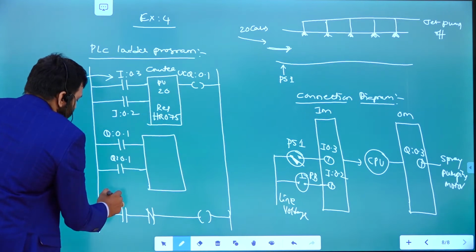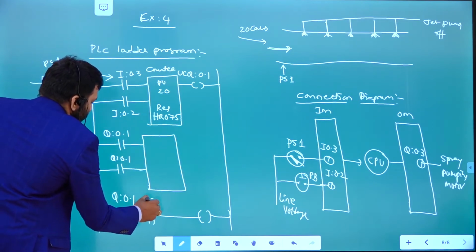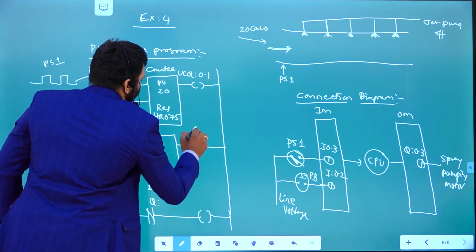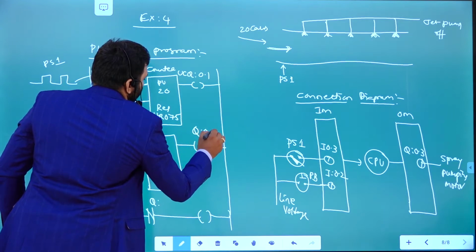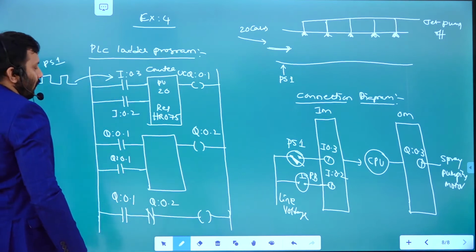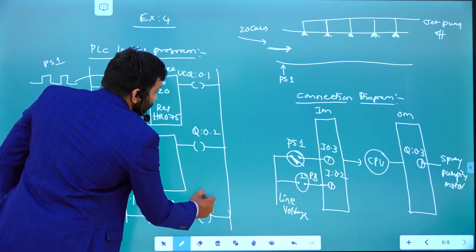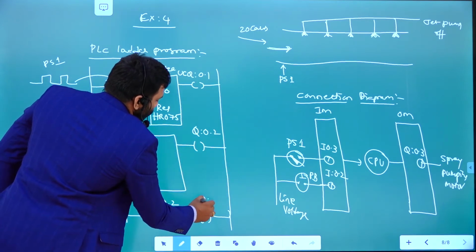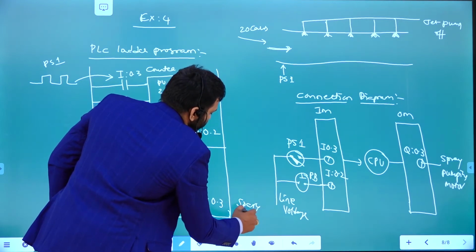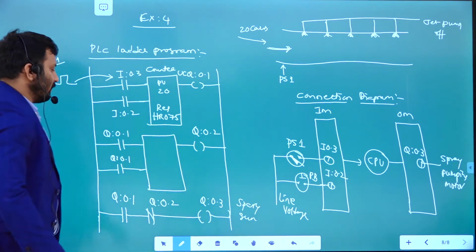Whenever this output 0.1 is high, the address you need to give is Q 0.2. The spray jet is going to be connected to Q 0.3, here, the spray gun. The paint spray gun is going to be connected.